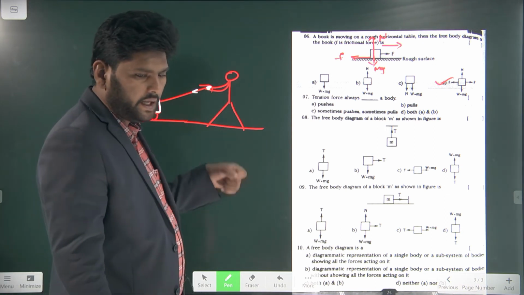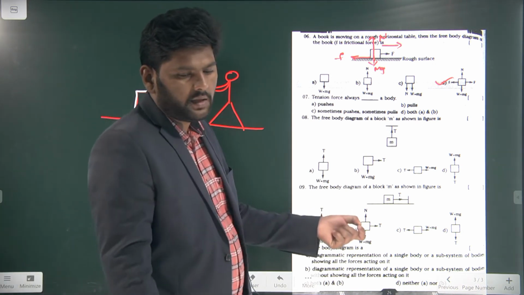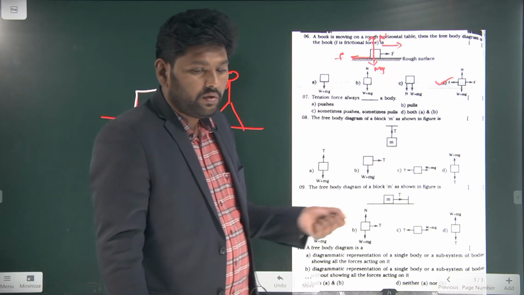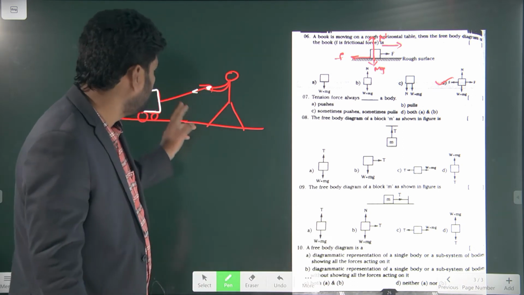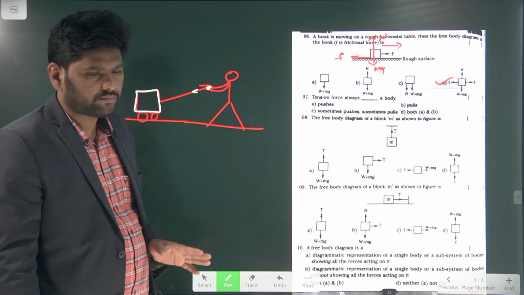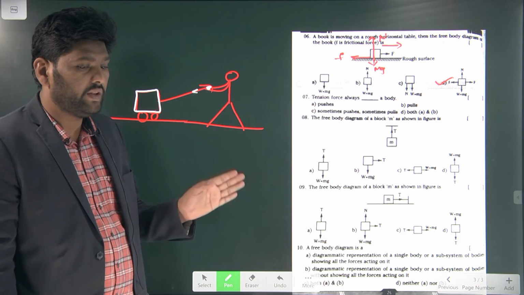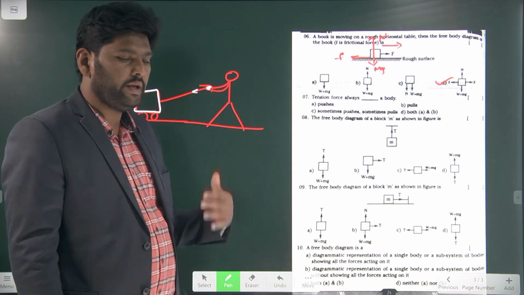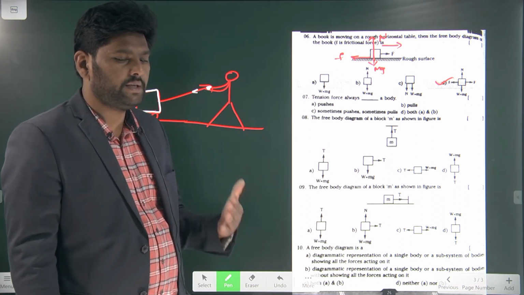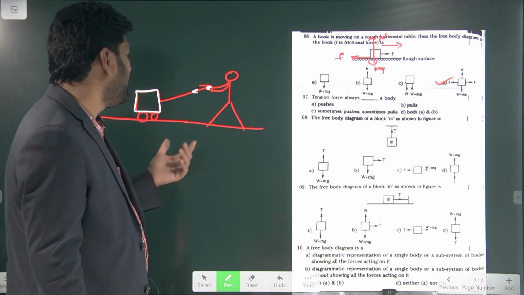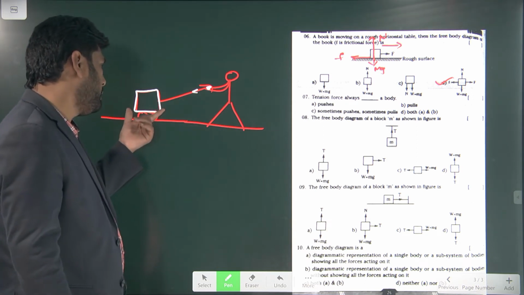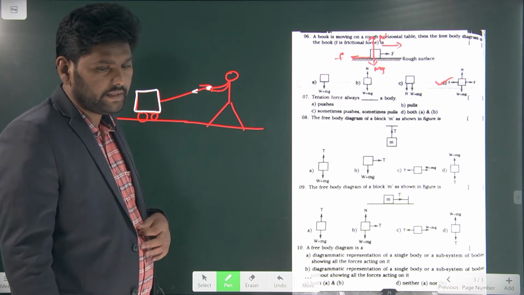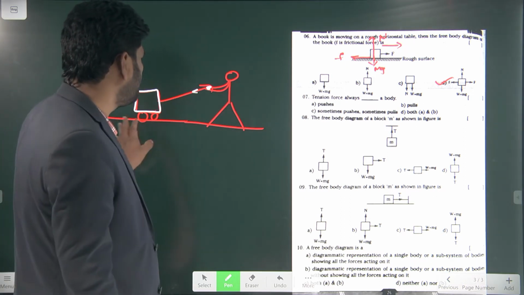But if you push the thread, it won't. Why? Because the thread gets slack. When the thread gets slack, it can't have the tension force. When the string does not have tension force, it is unable to push the body or toy. Understand?